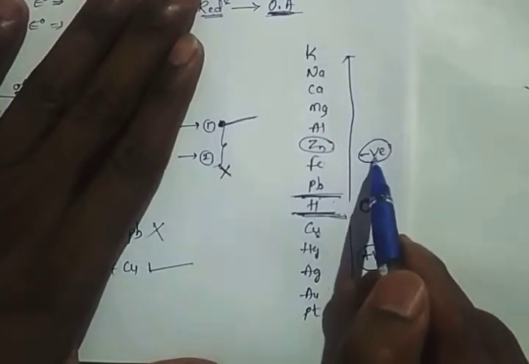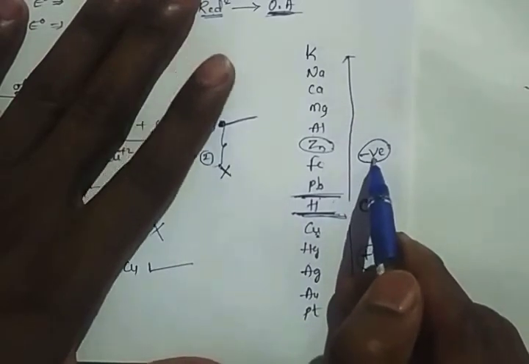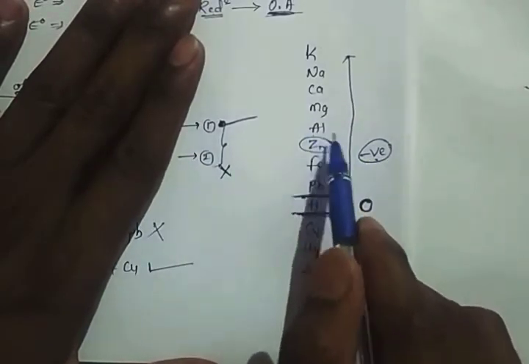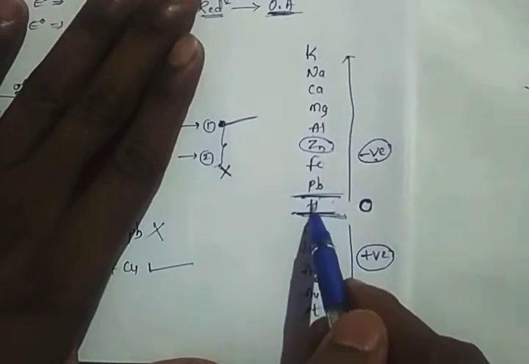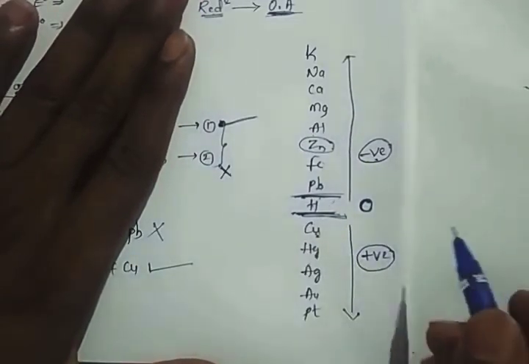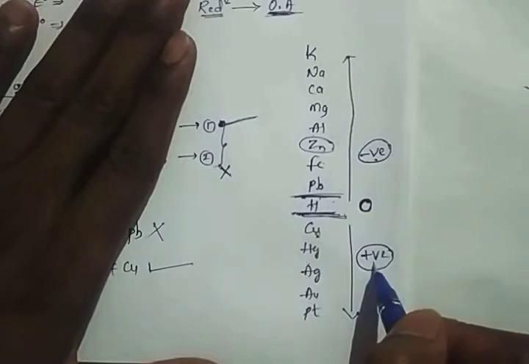If the reduction potential value is negative, then these elements have a tendency to liberate hydrogen gas. If the element has a positive SRP value, then it does not have a tendency to liberate hydrogen gas.